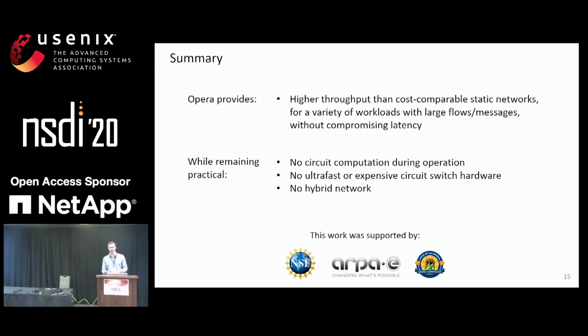Non-blocking is typically used in the context of fat tree or folded Clos networks. I'm not familiar with that term being applied to expanders, so I don't really know how to speak to that, but I would just say that in a folded Clos, traffic is taking multiple hops through the hierarchy, and in the expander, traffic is making multiple hops between racks.